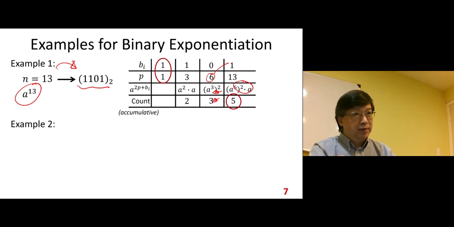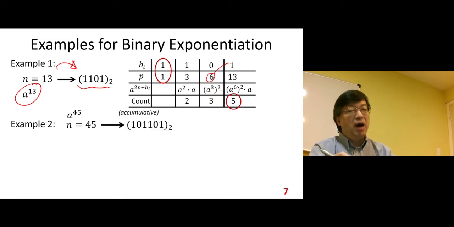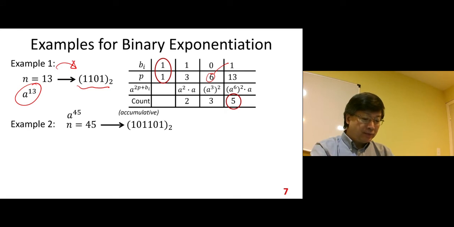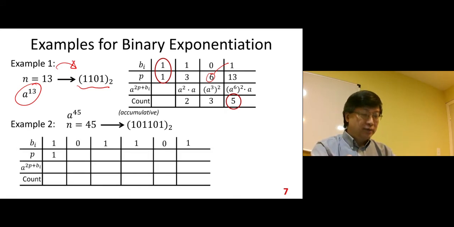Example 2. So we use a larger number, 45. First, let us write 45 as the binary expression, like this. Then, let's do the chart the same way as before.